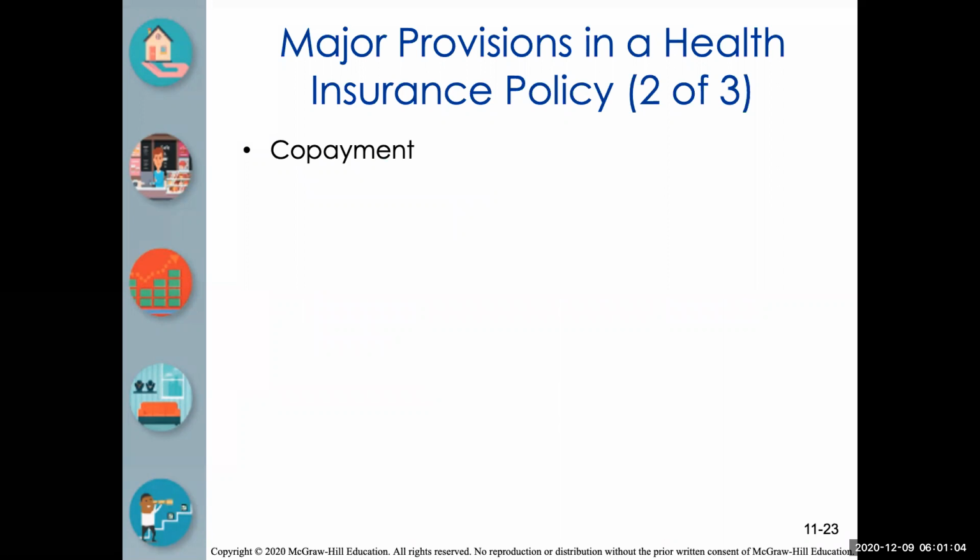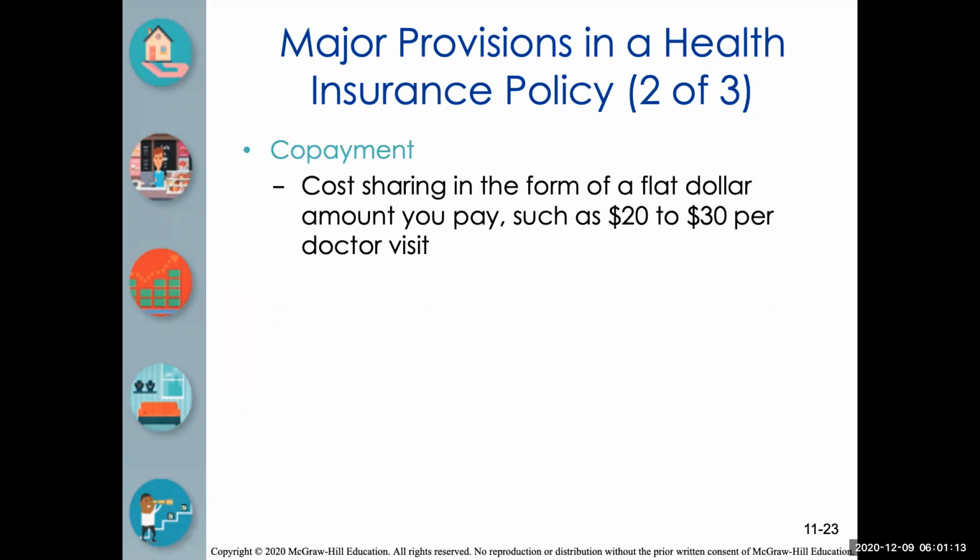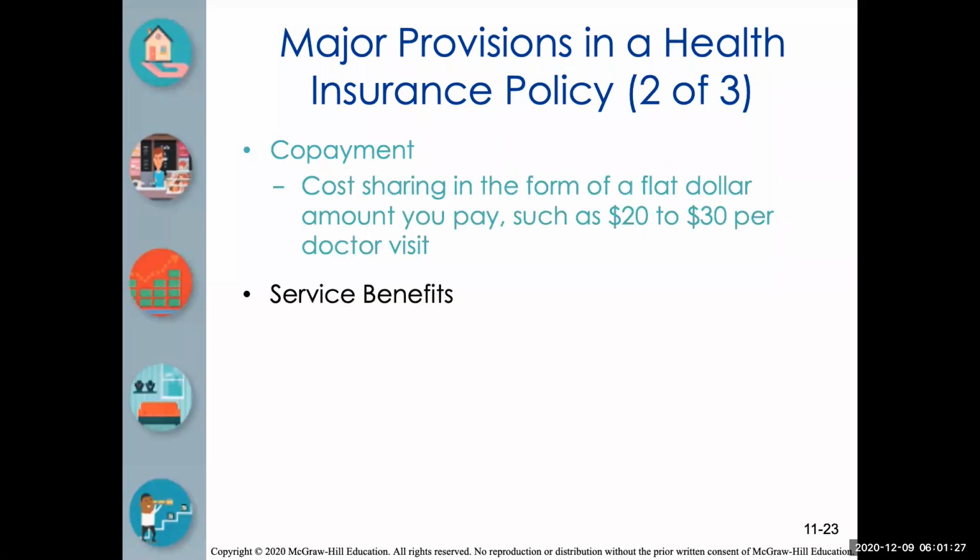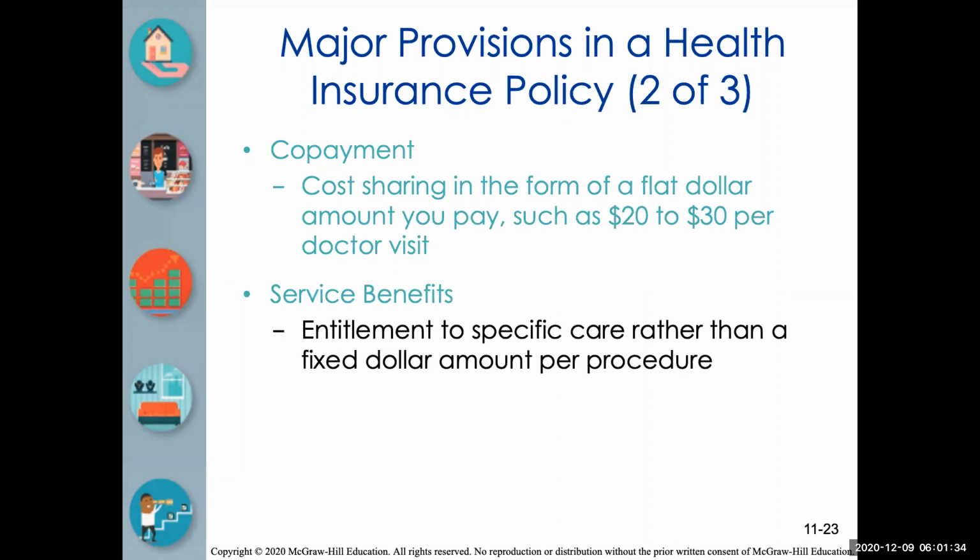We have the co-payments. Again, we just talked about that. In its most basic form, it's what we call cost sharing, in the form of a flat dollar amount that you pay. You go see your doctor, you have a copay of $20. Or the copay is $30. That's determined by the plan that you have in place. We have service benefits. These are benefits, or entitlements, to specific care, rather than a fixed dollar amount per procedure.